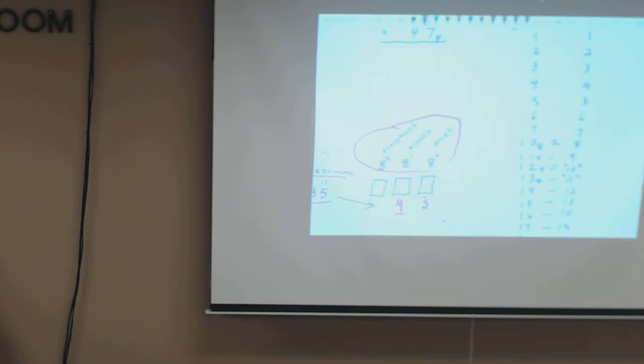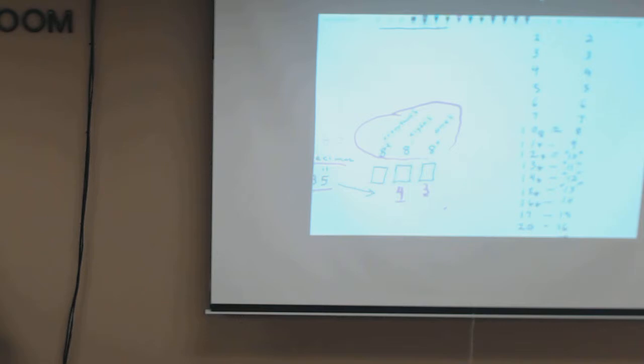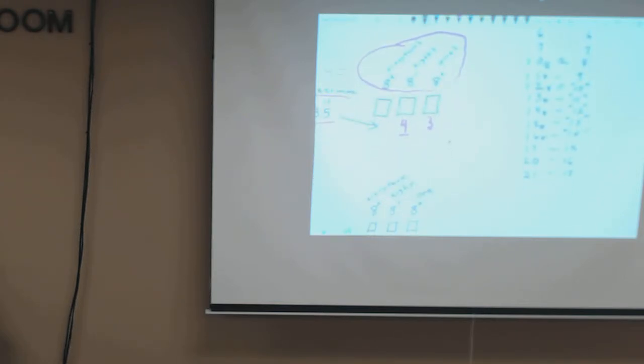1, 4 in base 8 is 12 in decimal. 1, 5 in base 8 is 13 in decimal. 1, 6 in base 8 is 14 in decimal. Everybody see why? 1, 6: 1, 8, and 6 1s. 8 plus 6 is 14. 1, 7 in base 8 is 15 in decimal.